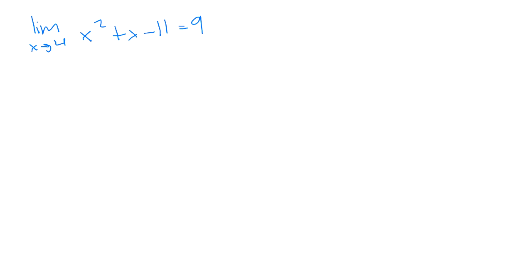We have our x minus a, so x minus 4, which is going to be less than our delta. We also are going to have our f of x minus L, so we're going to have x squared plus x minus 11 all minus 9, which is less than our epsilon.